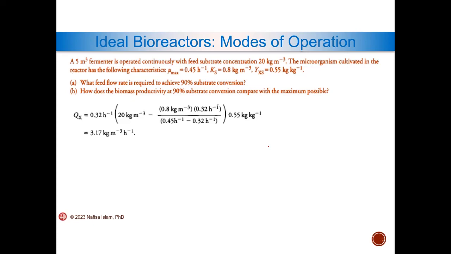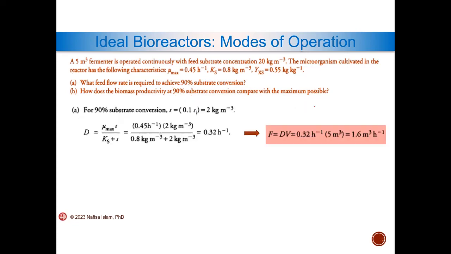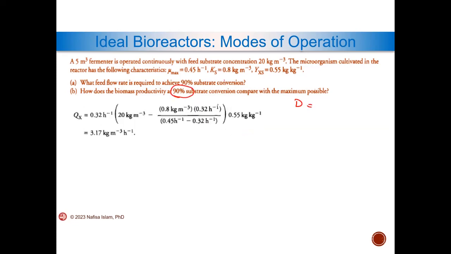Now for the second one, what is the biomass productivity at 90% substrate conversion, which we just did? So we'll just use this D, which is 0.32, and we know the F. If you want, use F if you think that is more relevant.